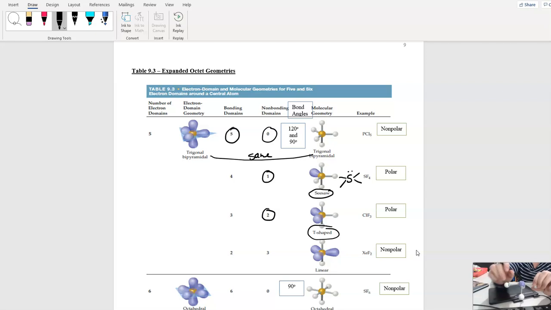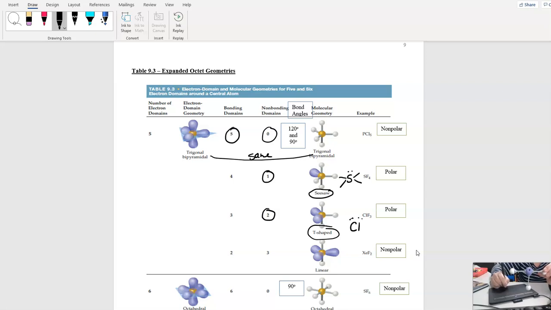Okay. So what I'm going to do is take another bond off. And it doesn't matter which one I take off. Take a bond off, and now lone pair there. Lone pair right there. So 2 lone pairs. And look what you got. T-shape. Literally that's the name. So when you draw it like a Lewis structure, it looks like this.